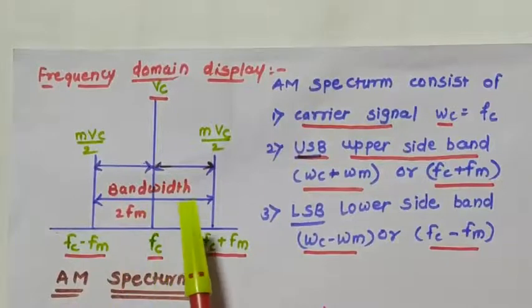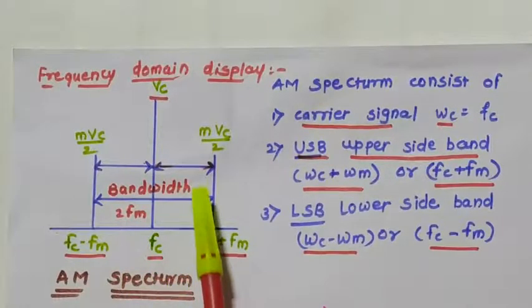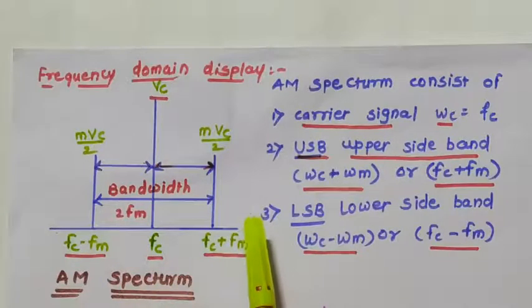This plot of signal amplitude versus frequency is called the frequency domain. A spectrum analyzer can display the frequency domain of a signal. In this signal, the transmitted information is contained within the sidebands, upper sideband and lower sideband.